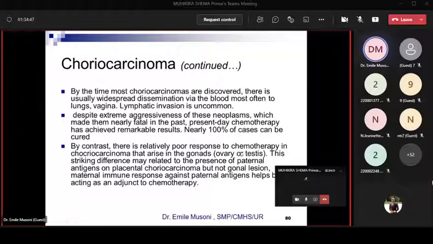We have seen one case of choriocarcinoma in the testis, and the clinician complained that the pathologists were wrong, saying that there is a choriocarcinoma in the testis. This can happen. So don't be surprised by choriocarcinoma in the ovary and the testis.